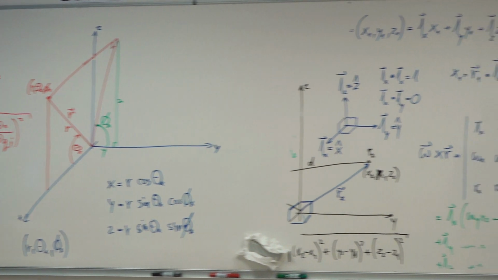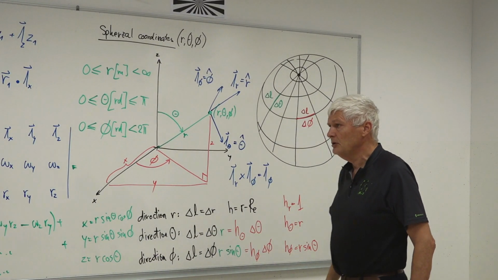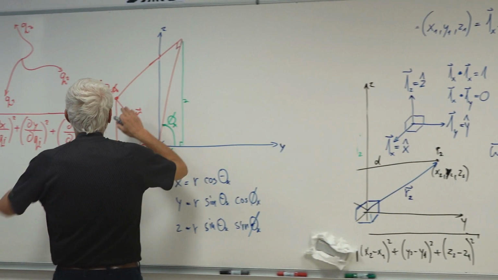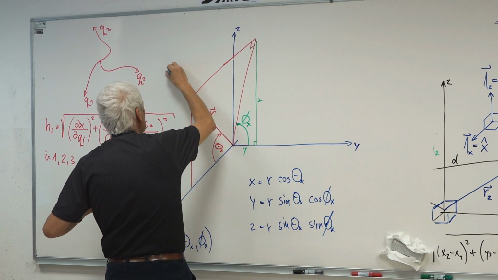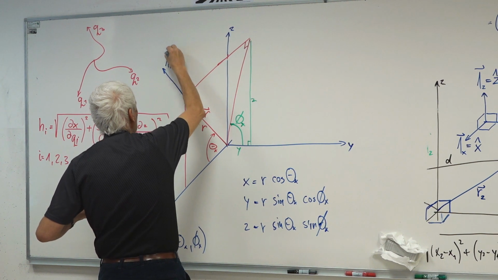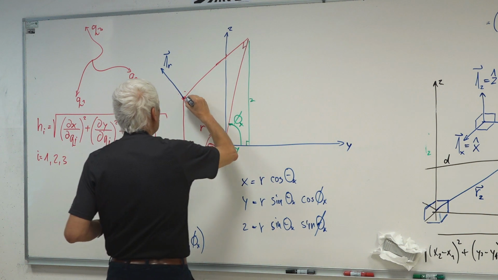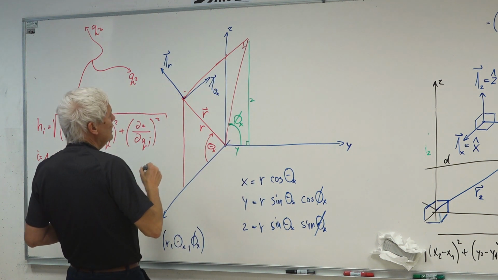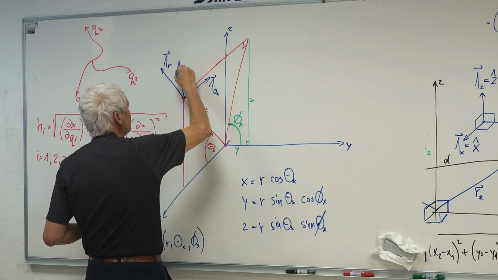It's even more difficult to make the rotation of the unit vectors. Also, the unit vectors here, they do rotate. Only the vector 1r is always in the same direction. But 1 theta x points here, and 1 phi x points here.